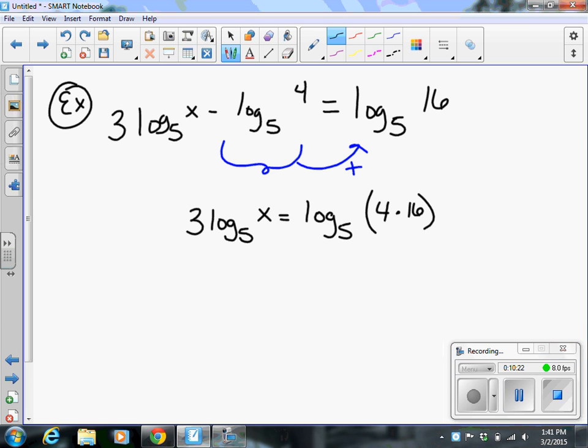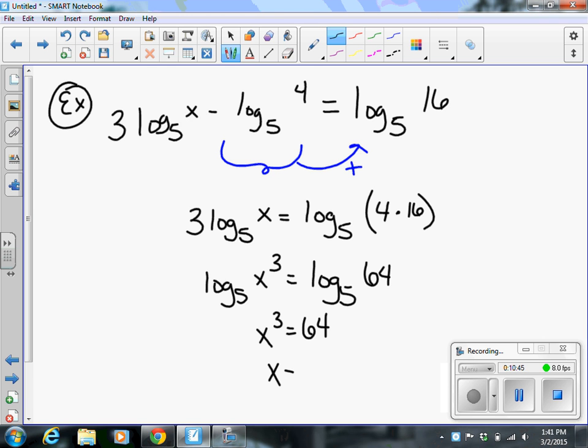So now I'm going to move the 3 over as well, so it's a power. So I have log of base 5 of x cubed equals log base 5 of 64. Because my log 5 is the same, I'm going to go ahead and cancel that out. So I have x to the third equals 64. I take the cube root, x equals 4.